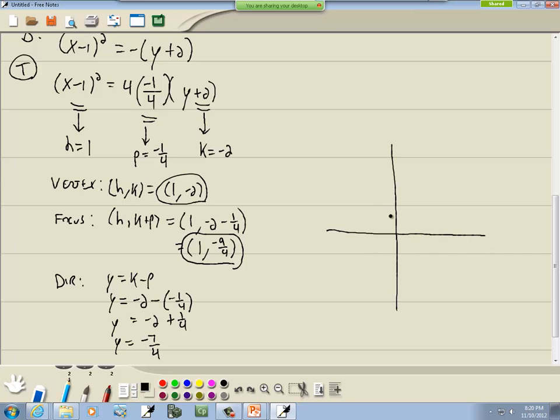Okay, vertex is 1, negative 2. So 1, negative 2, that's my vertex. Focus is 1, negative 9/4. That's negative 2 1/4. So 1 and negative 2 1/4. Let's try this all again.